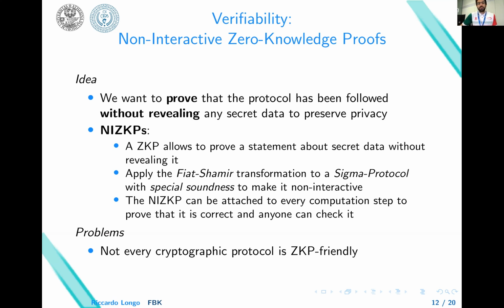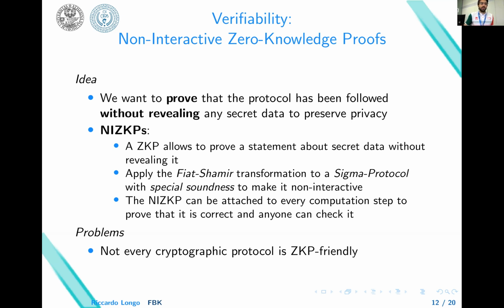What are the problems? Basically, all is good, but not every cryptographic protocol is zero-knowledge friendly. There are a lot of cryptographic protocols that are not very nice to zero-knowledge proofs. You can prove that it has been done correctly, but it's very, very expensive, or the proof is huge.